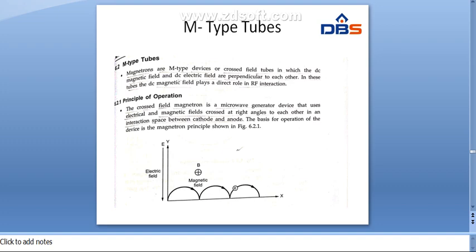When an electron is injected into an electrical field, it will accelerate from the cathode to the anode in a straight line. But if a perpendicular magnetic field is also present, then the electron moves in a curved cycloidal path by arranging the cathode and anode structure.